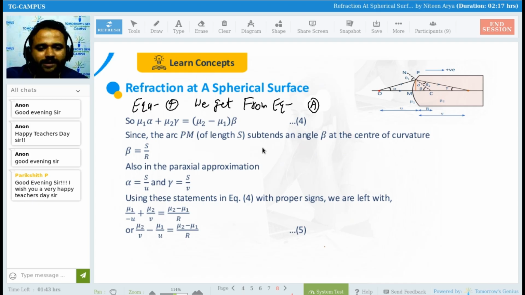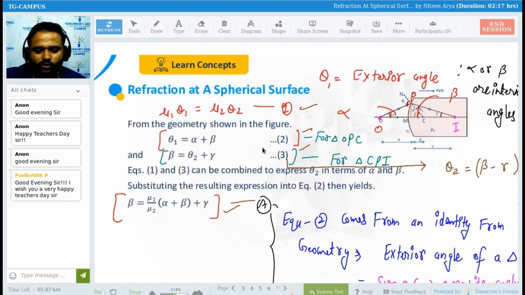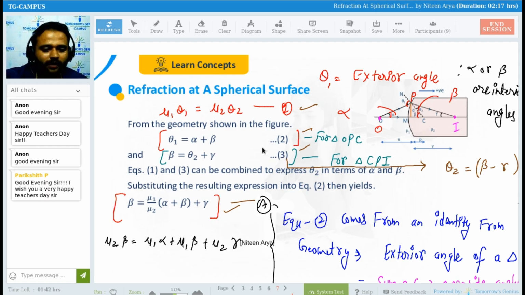Now moving ahead, we get mu1 alpha plus mu2 gamma equals mu2 minus mu1 beta. Or simply you can solve it here: mu2 beta equals mu1 alpha plus mu1 beta plus mu2 gamma. Clear?